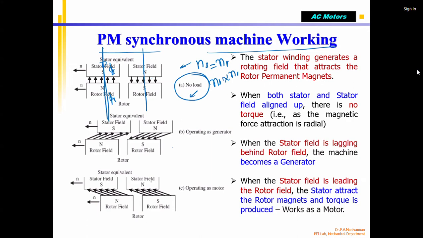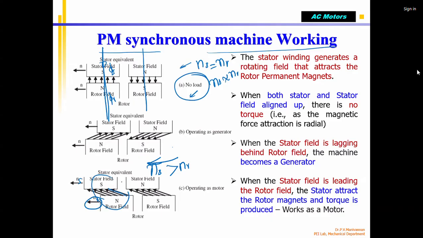Now, if we start loading the rotor, correct? Apply load, you can see that this is NS. NS is moving forward. NR is trying to capture. This is NR, this is NS. So the rotating magnetic field is higher. That means NS is greater than NR. That means you can see that this is trying to catch up. The magnetic flux will be linked.